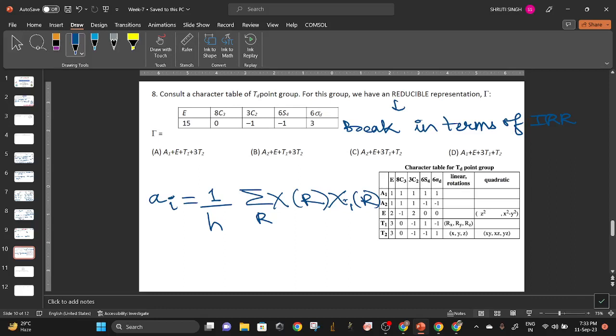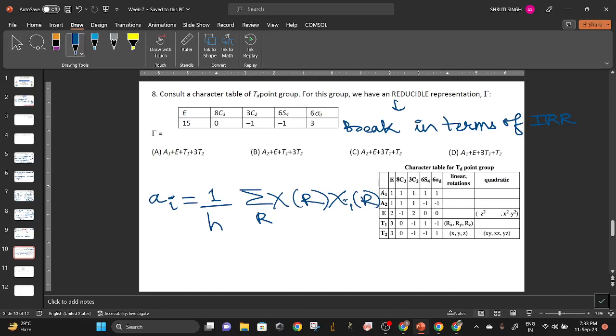So let's start with the first one. a_i is the contribution of the ith irreducible representation in the given reducible representation.